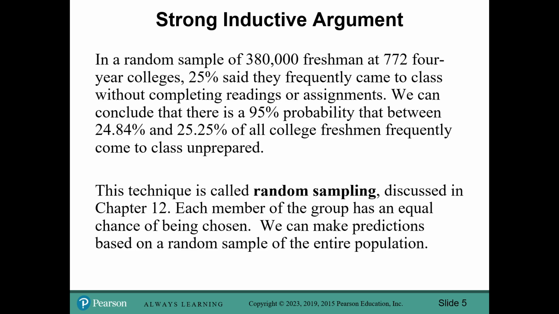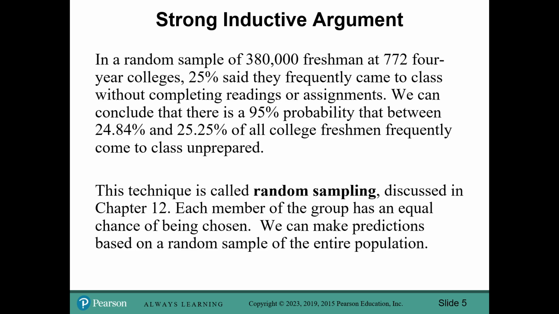A strong inductive argument. In this example, it says in a random sample of 380,000 freshmen at 772 four-year colleges, 25% said they frequently came to class without completing readings or assignments.